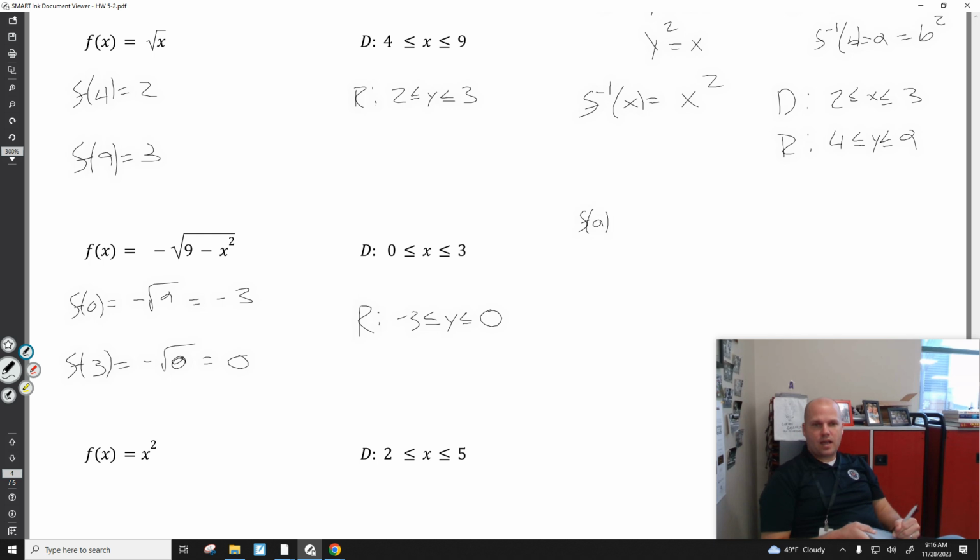Now let's find the f inverse. So f of a is negative square root of 9 minus a squared. That equals b. I'm going to solve for b. I will take the opposite of both sides. I will square both sides. I don't want to say that it's positive b squared, though it is.